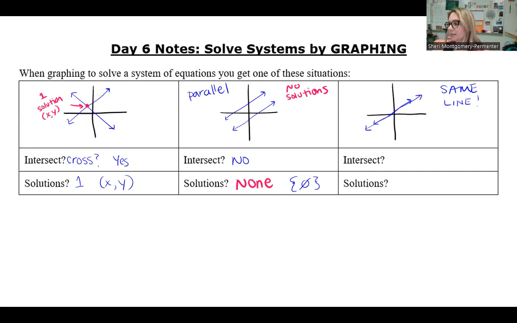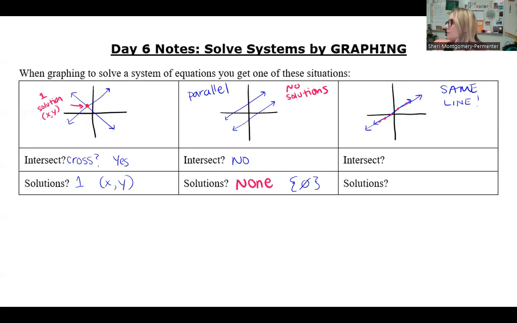The same line. So how many times do those lines touch or cross? Where do they touch? Everywhere, right? If they're the same line, they're technically touching here and here and here and everywhere, right?